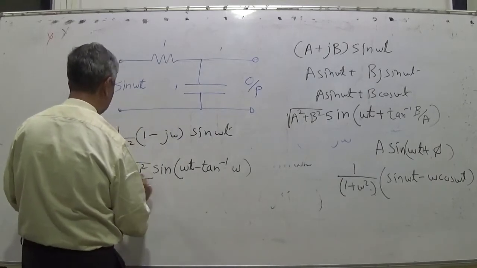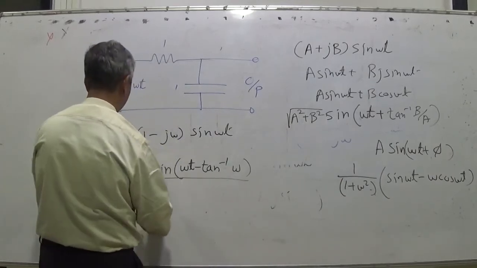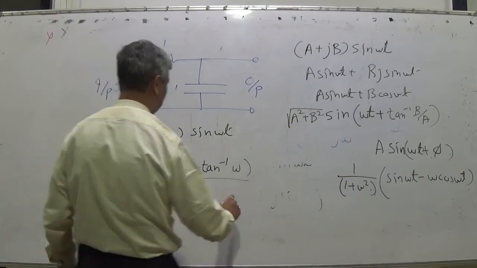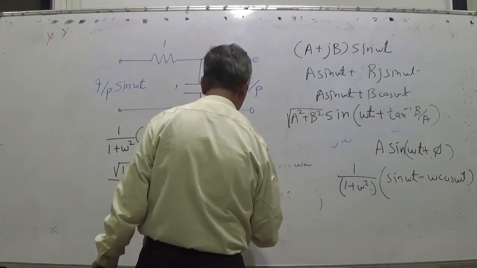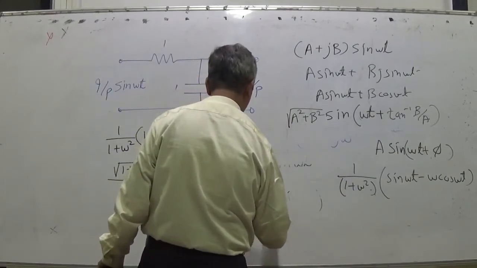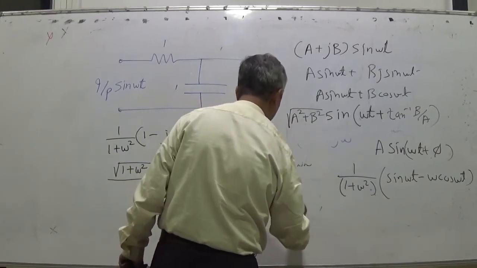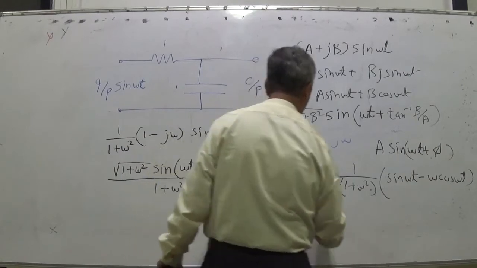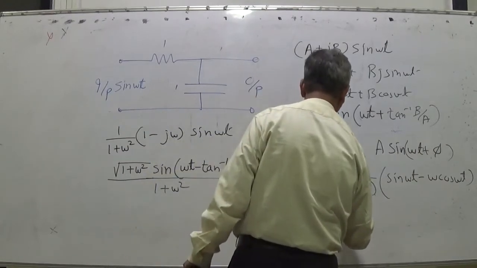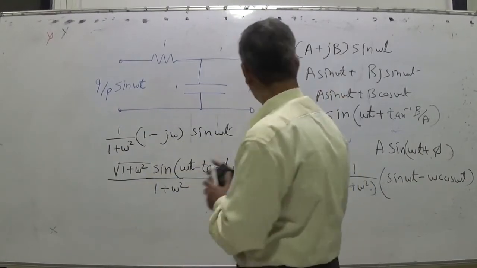So this is ultimately 1 upon under root (1 plus omega square) into sine of (omega t minus tan inverse of omega). So what is the output?